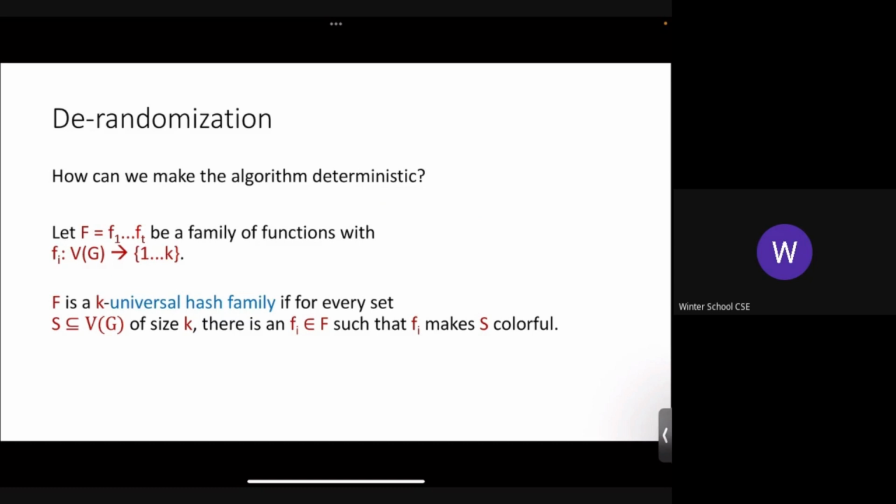And then I say that this family is a k-universal hash family if for every subset of vertices S of size k, there exists at least one function fi from this family which makes the set S colorful.